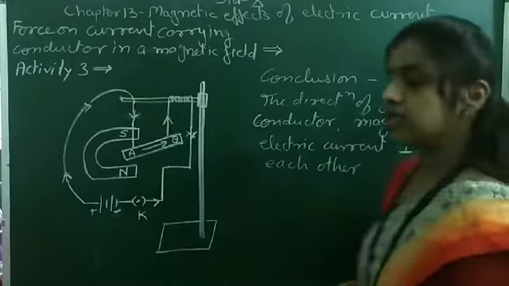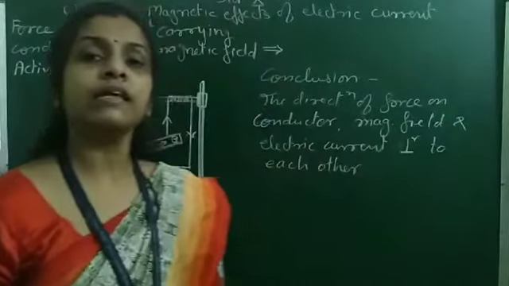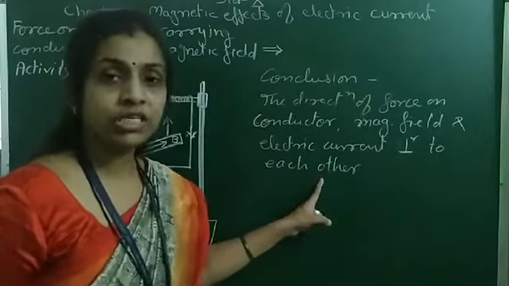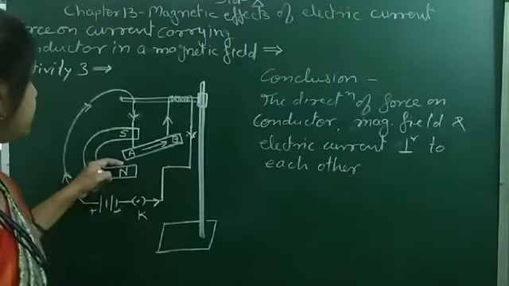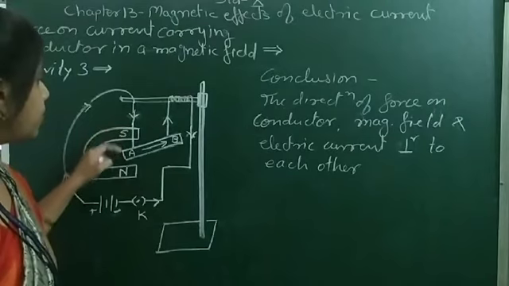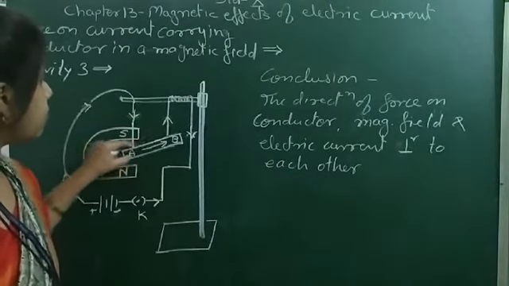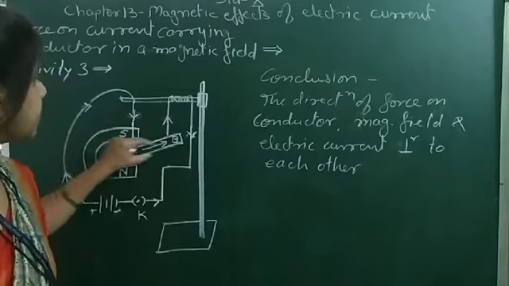So the direction of magnetic field, force and electric current are perpendicular to each other, because in this activity the magnetic field is directed upward, and the electric current flows horizontally. It means that it is in a horizontal direction.